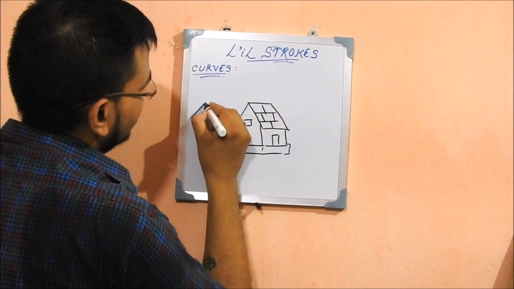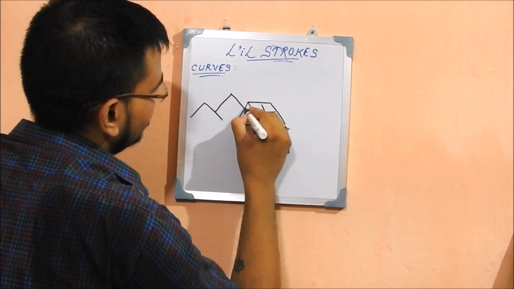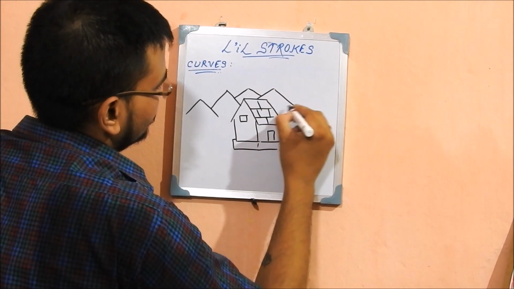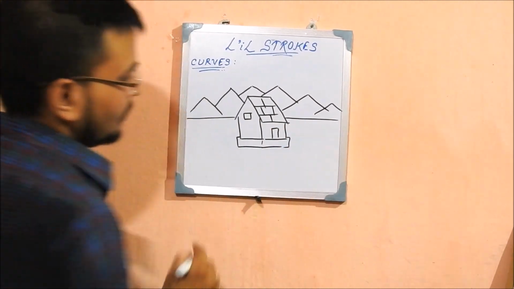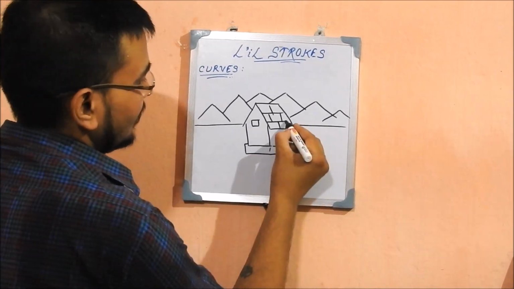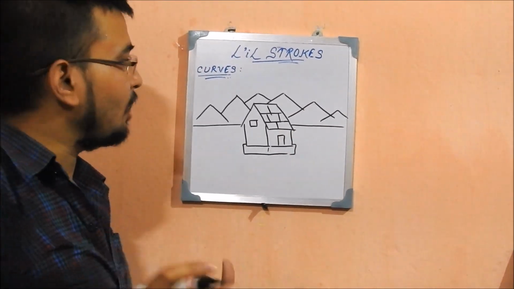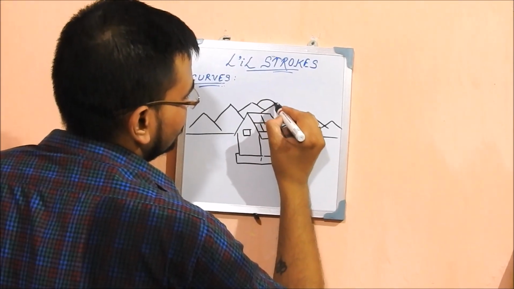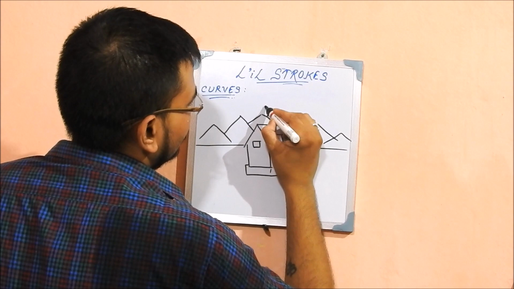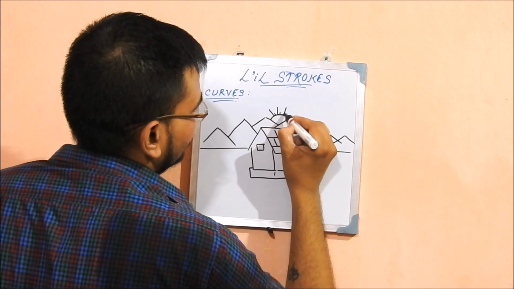And there it was, mountains. I think you already remember, you already practiced it. Now you already know how to draw a curve. So now we can draw a sun from here and a straight line.